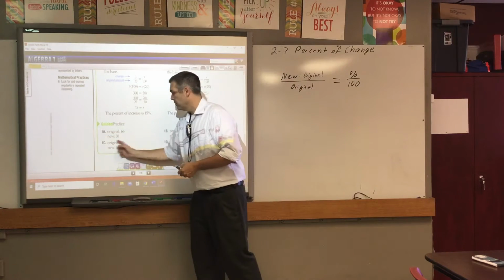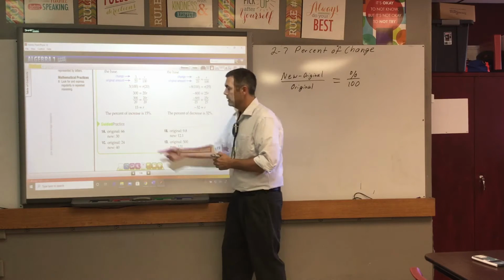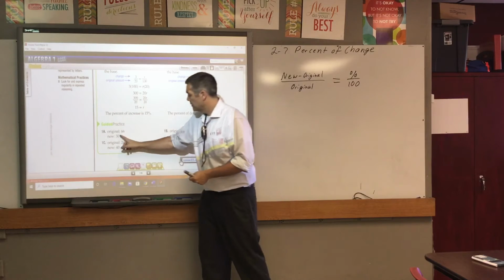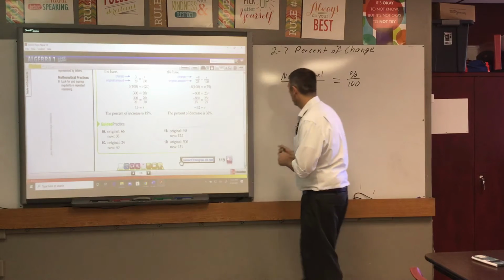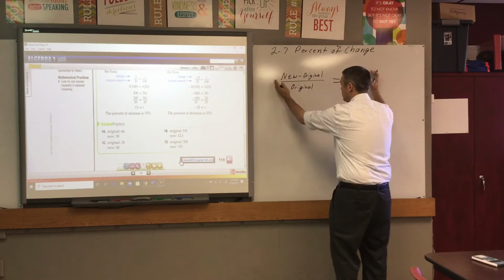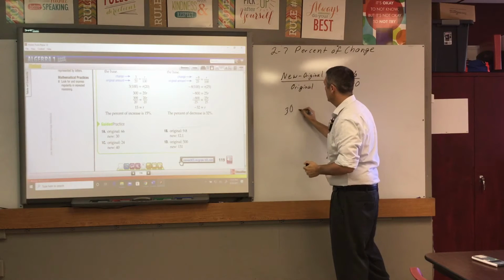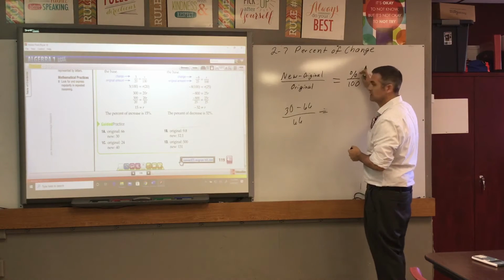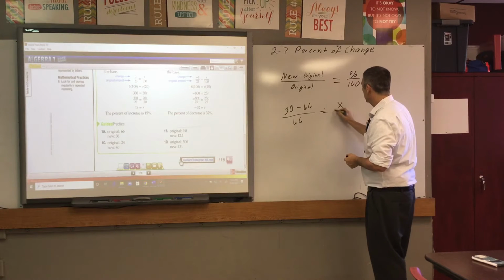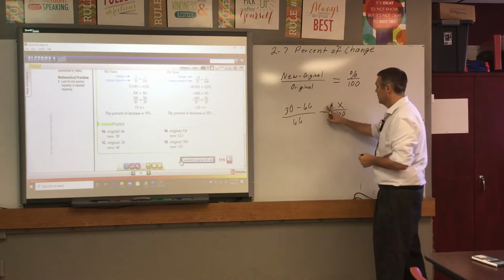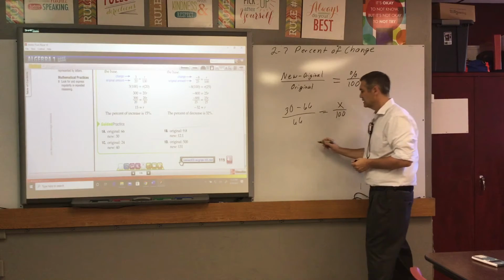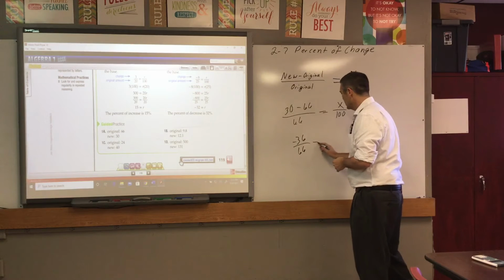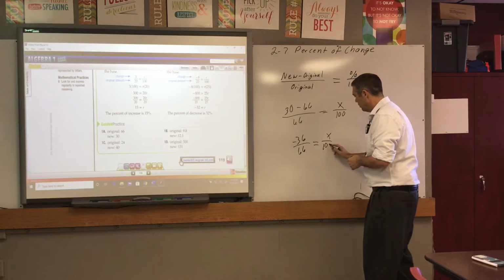So here we know the new is 30. We know the original is 66. Just by looking at the new and the original, you can go, oh, that's a decrease. So we're going to throw it into our equation here: 30 minus 66 over 66 equals, and I'm going to turn this into a variable, x over 100. So 30 minus 66 is negative 36, over 66, equals x over 100.